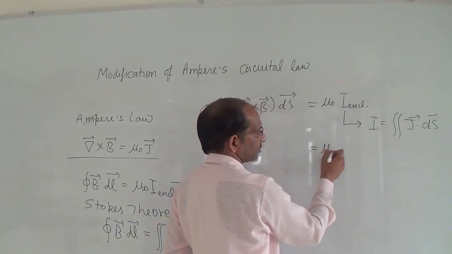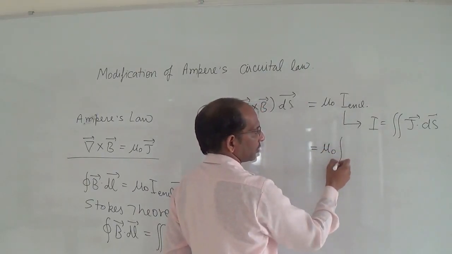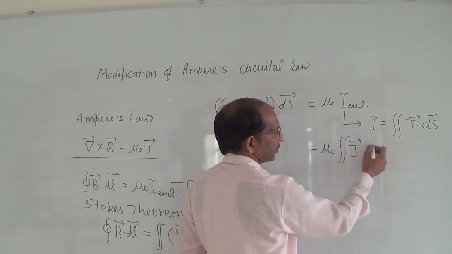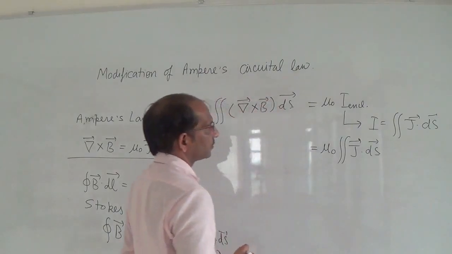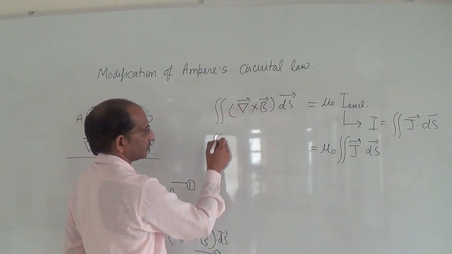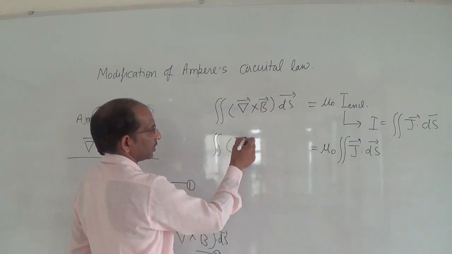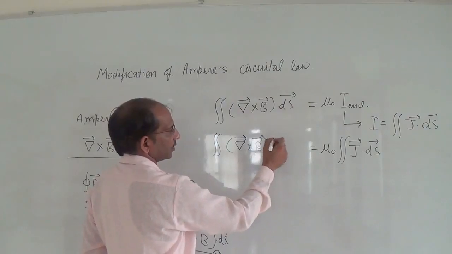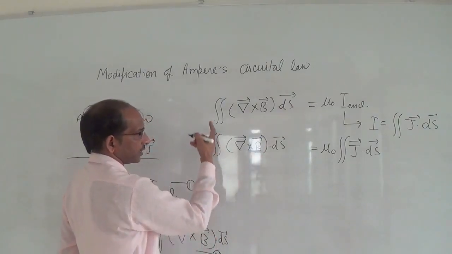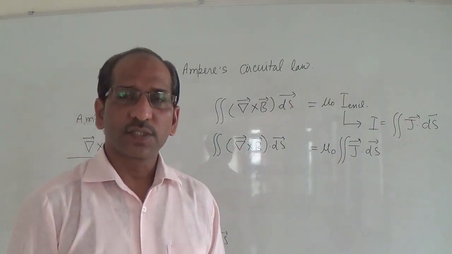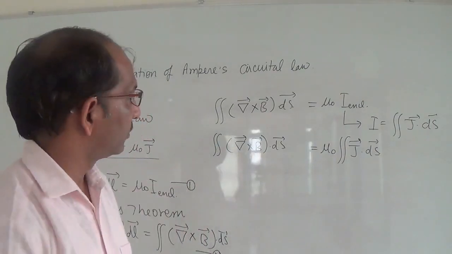So the term becomes mu naught times the open surface integral of J dot ds. And on the left hand side, this is the surface integral of the curl of the magnetic field.